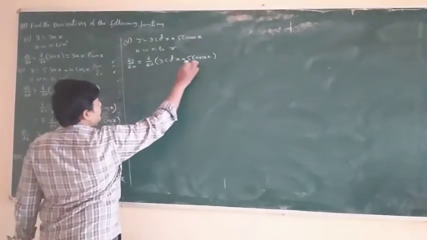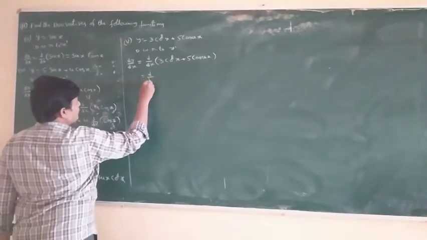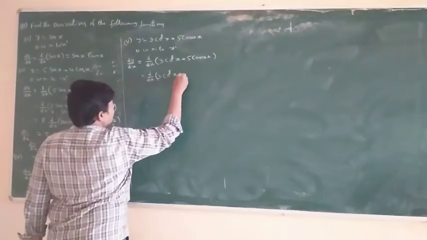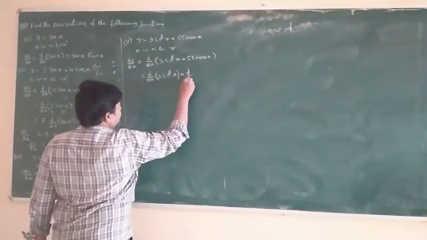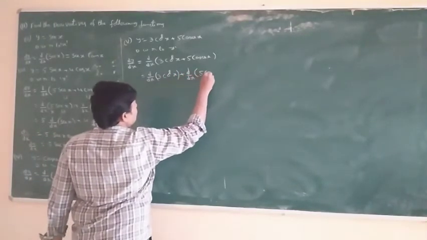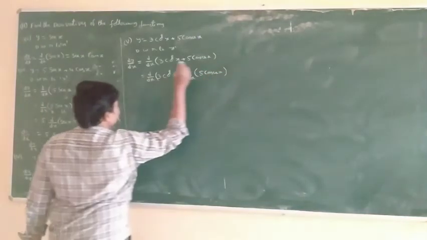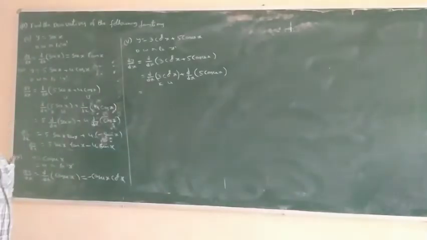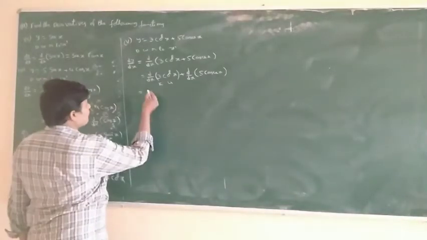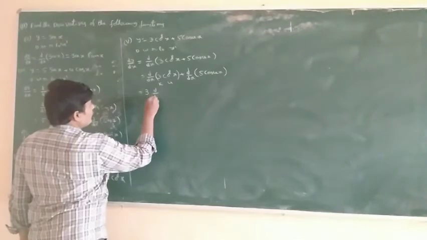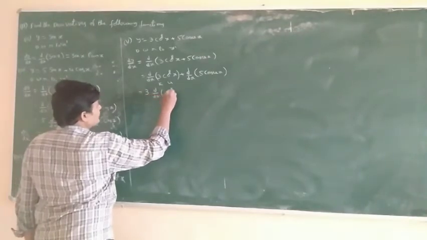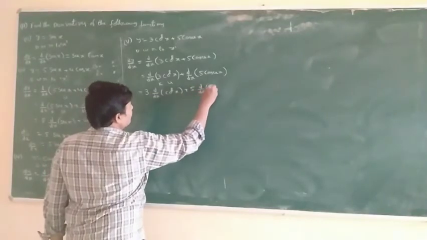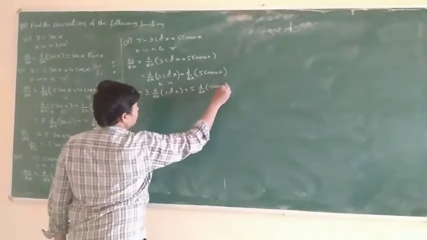So this is u plus v. Derivative of u plus v is equal to derivative of u plus derivative of v. Here v is 5 cosecant x. So this is also k into u. Derivative of k into u is equal to k into derivative of u. So 3 into d by dx of cot x plus 5 into d by dx of cosecant x.